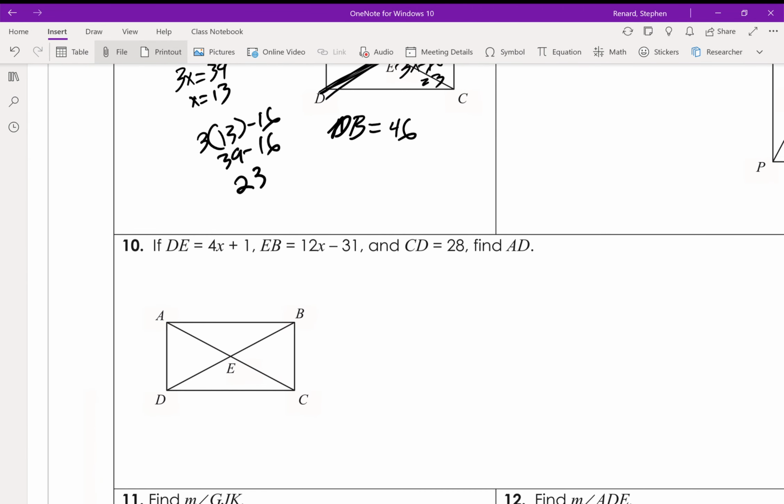So if we're looking for A to D here, we need this piece right here. So we know D to E is 4x plus 1. We know E to B is 12x minus 31. And we know that C to D is 28. So what we're going to have to do is use the fact that the diagonals bisect each other.